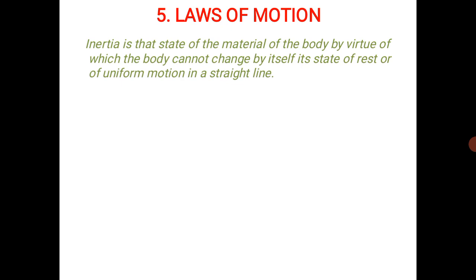Inertia is that state of the material of the body by virtue of which the body cannot change by itself its state of rest or of uniform motion in a straight line. So this is called inertia or inertial property.